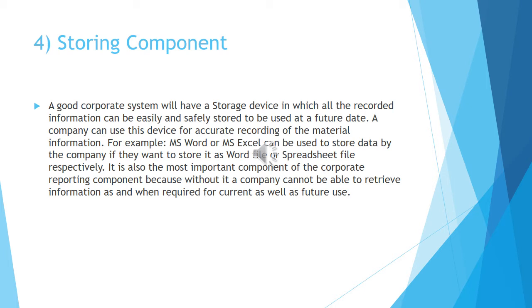For example, MS Word or MS Excel can be used to store data by the company if they want to store it as a Word file or spreadsheet file respectively. It is also the most important component of corporate reporting, because without it the company cannot retrieve the information as and when required for current as well as future use.